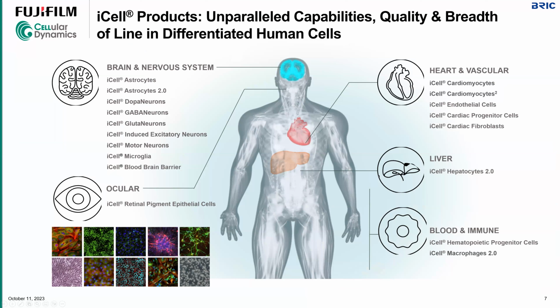So before I start showing you some data, for those of you who are still unfamiliar with what our portfolio offers, I wanted to show you this very general slide.